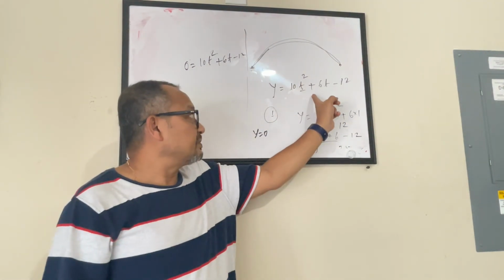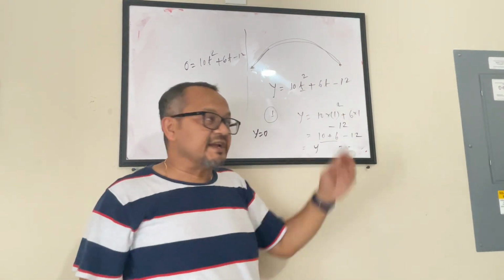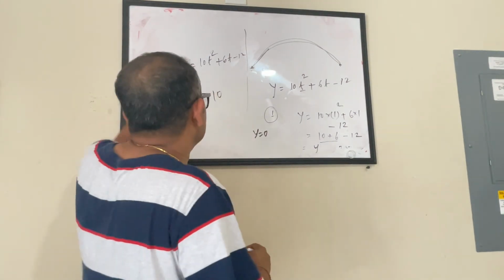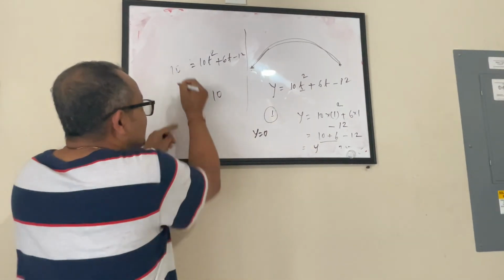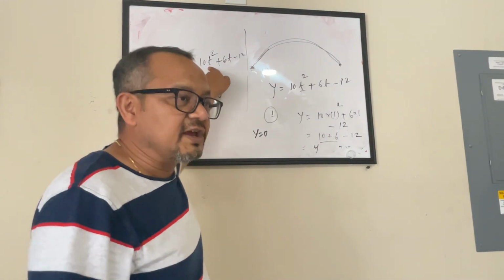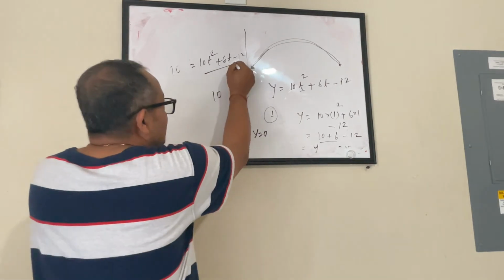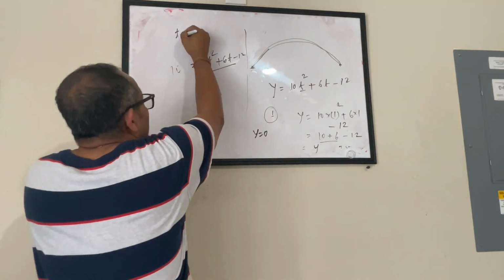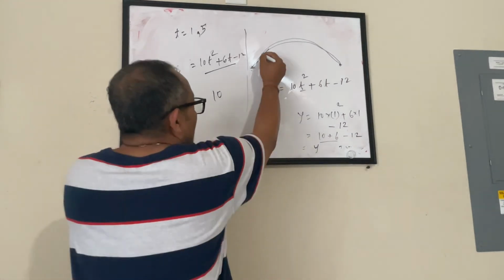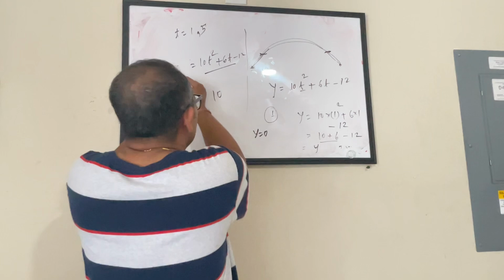So based on this, if it says, after how many seconds the height will be 10, you will put 10 instead of 0 and solve it for t. A quadratic equation will give me two solutions. Maybe t equals 1 and t equals 5, let's say. So that means after 1 second and after 5 seconds, this will be at a height of 10 feet.